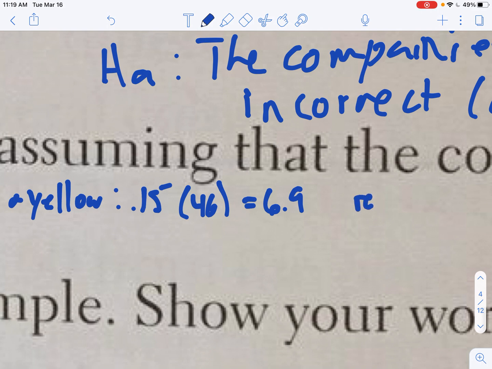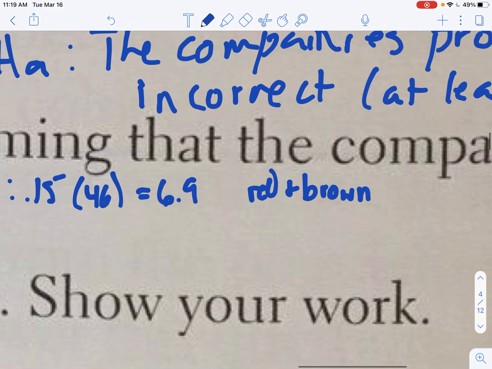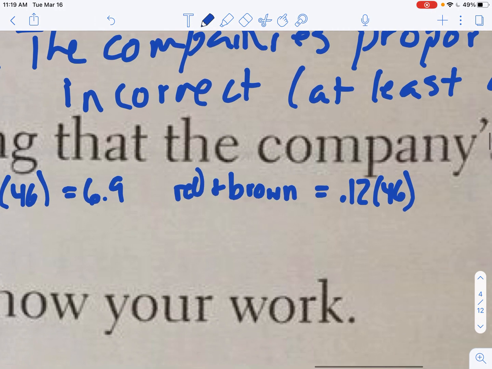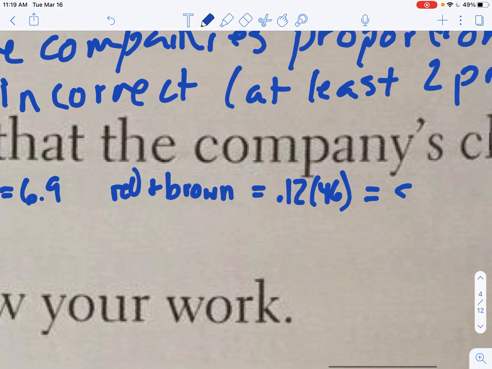And then red and brown is going to be equal to 0.12 times 46 for its proportion times the sample size. And each of these should be equal to 5.52.